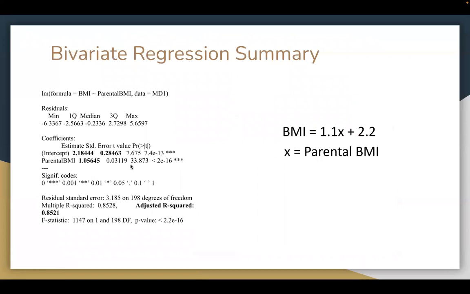Using some of these basic parameters, I can create a bivariate regression equation, which is going to look like this. BMI, our y variable, is going to equal 1.1, which we got from here, times x, which is our parental BMI, our predictor, plus 2.2, which is our y-intercept, or where the line starts.